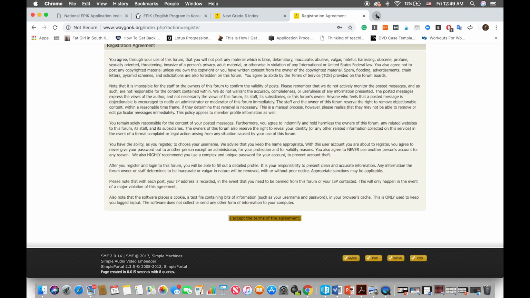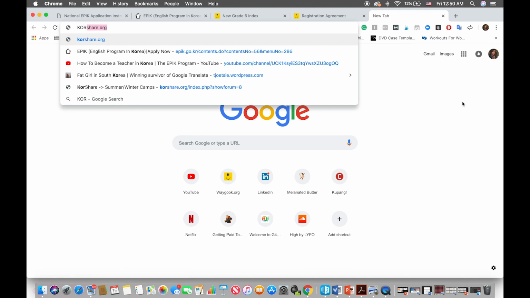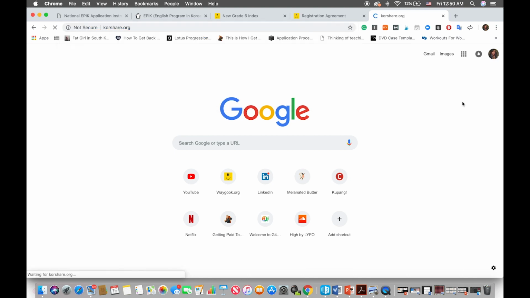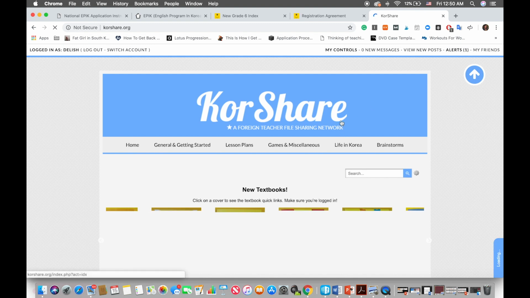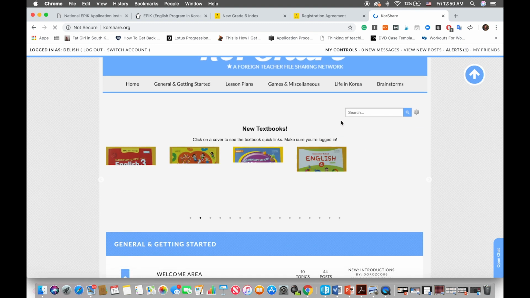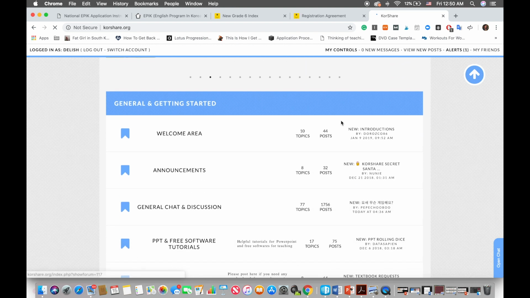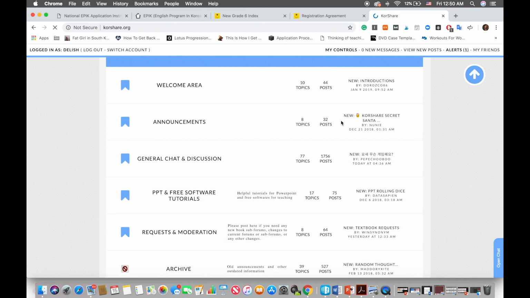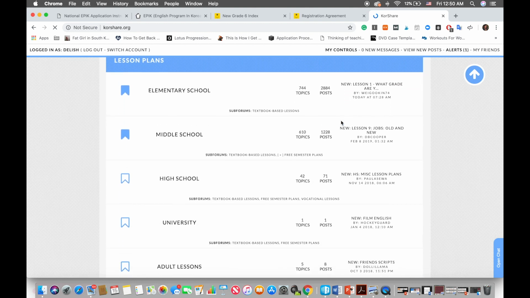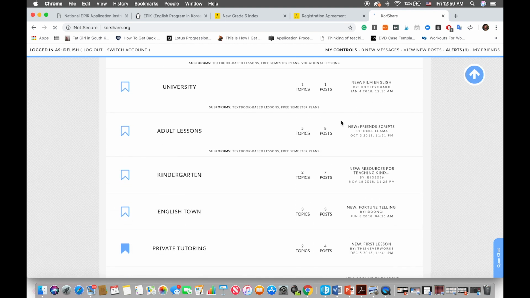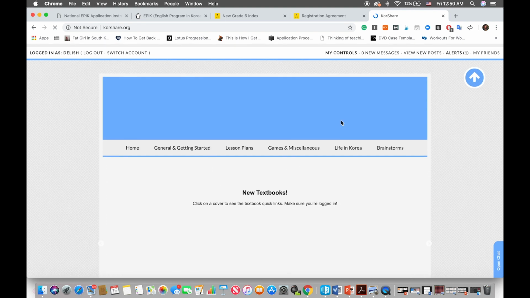Actually, another website that you can use is Coshare.org. This one is free. Everything over here you can download for free. The thing about Coshare is it doesn't have as much yet, because it's still new. They only started it, I think, in 2017, so it still doesn't have quite as much stuff as Waygug does, but everything over here is for free.